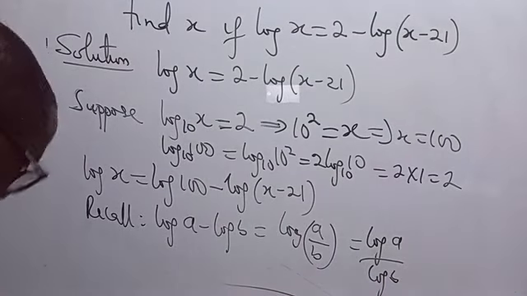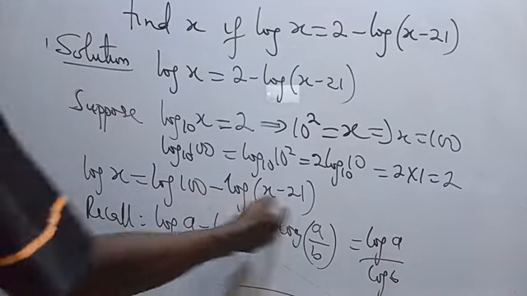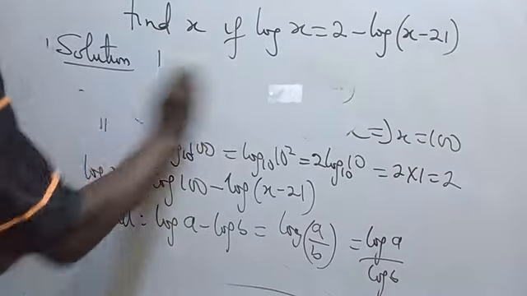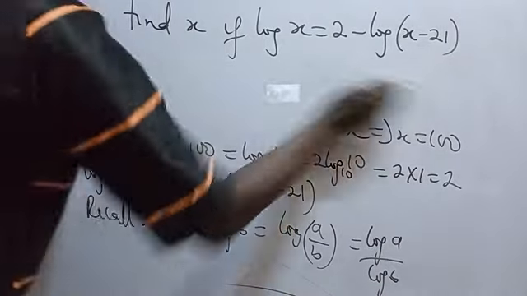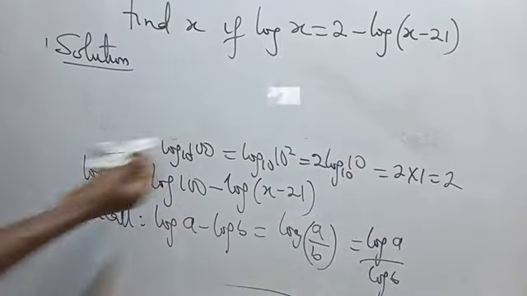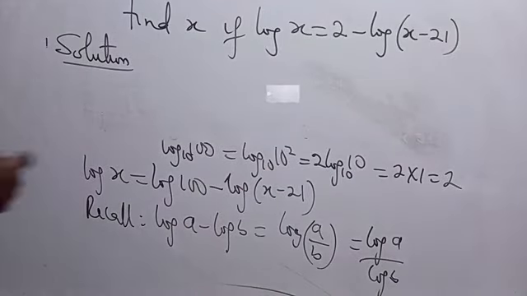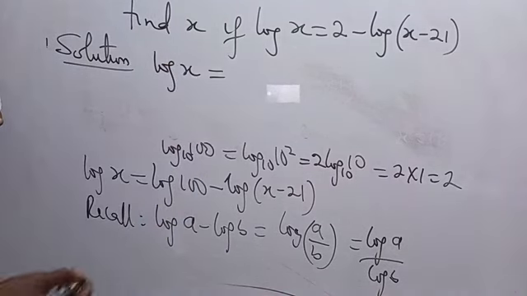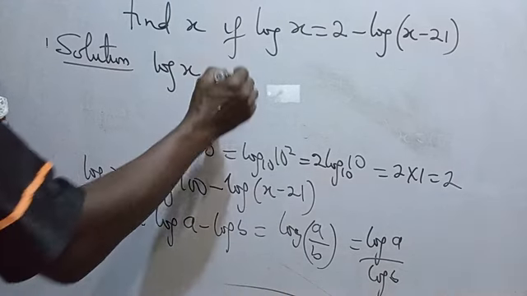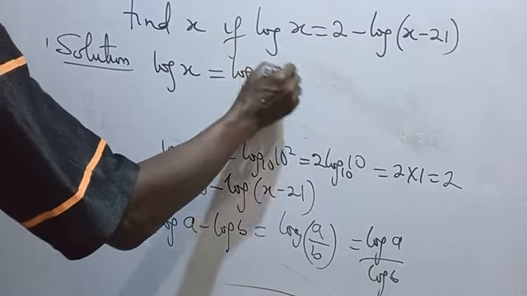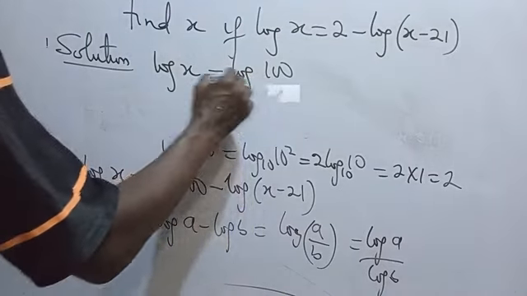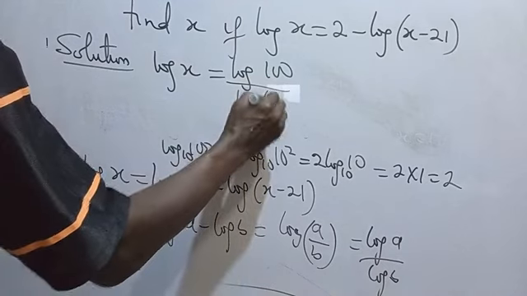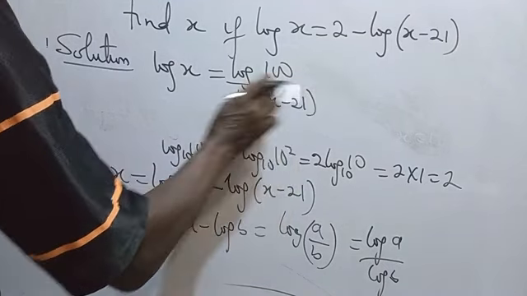Fine, let's continue. So we can express the right-hand side as that. We now have the left-hand side, log x, is equal to the whole of the right-hand side, which is log 100 all over log (x minus 21).